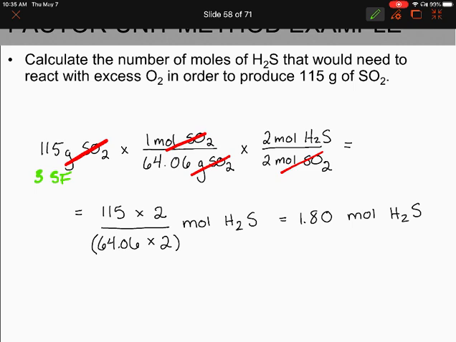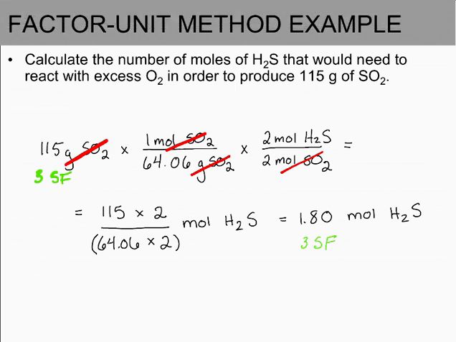And molar mass in terms of sig figs is a little tough because it depends on your periodic table. And then 2 to 2 was an exact ratio, so we don't consider those for sig figs. So we're really just considering that first value. So our final value should have 3 sig figs.